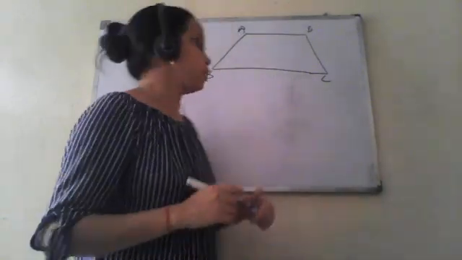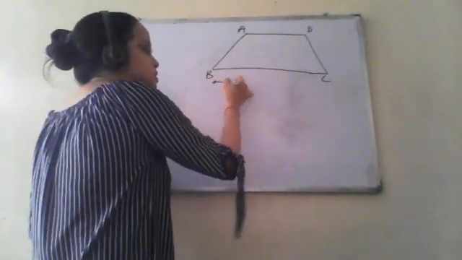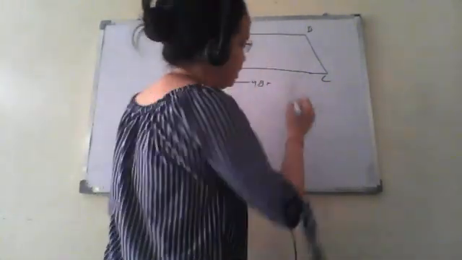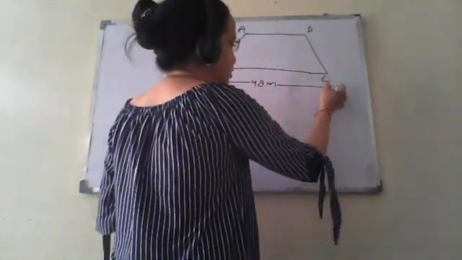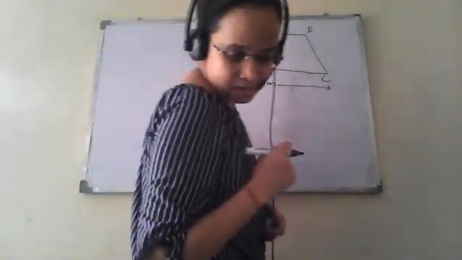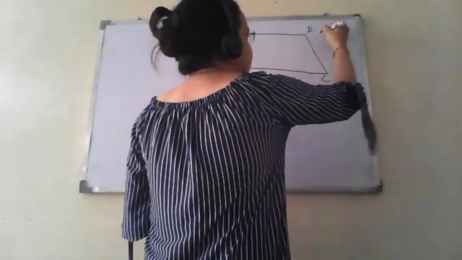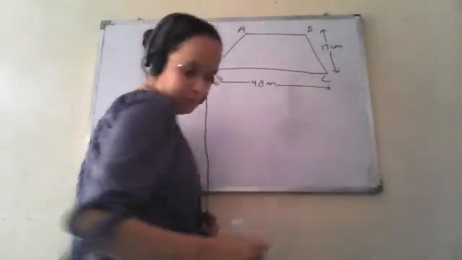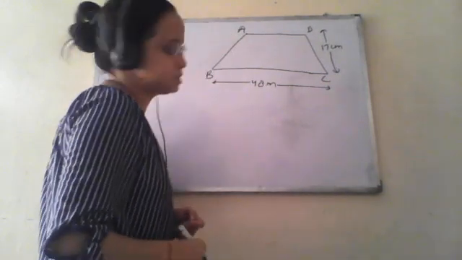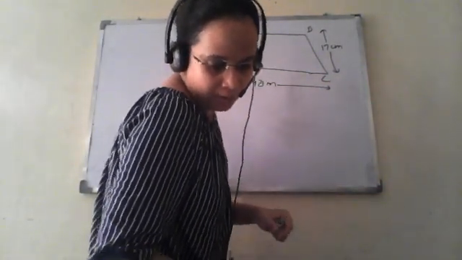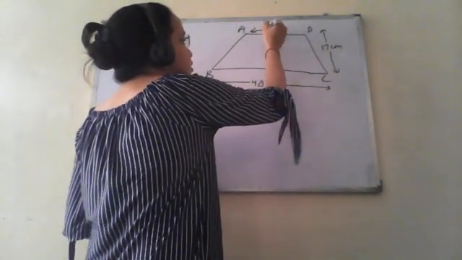BC is 48 meter, CD is 17 meter, AD is 40 meter.